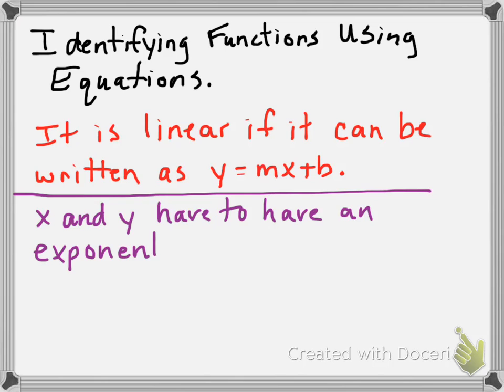The exponent has to be 1. If it's any other exponent on the x or on the y, then it's not linear. So x and y have to have an exponent of 1. And the x and the y cannot be multiplied by each other.